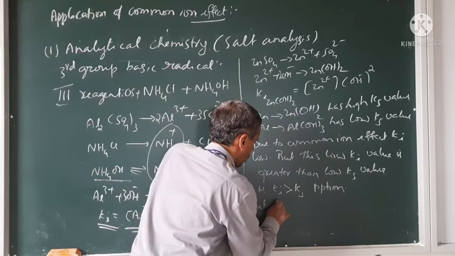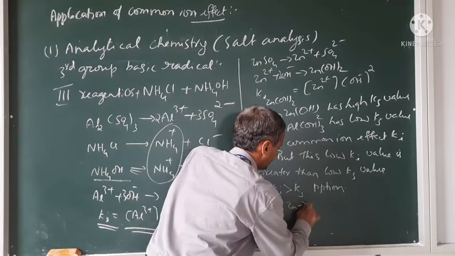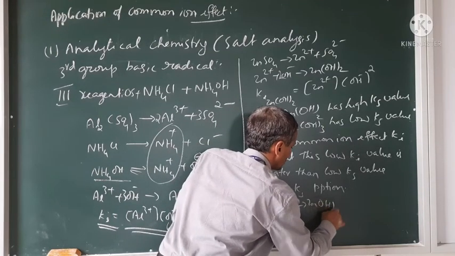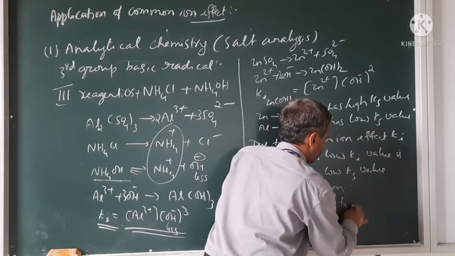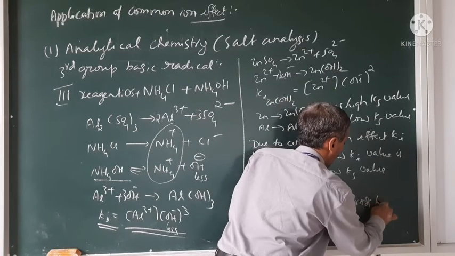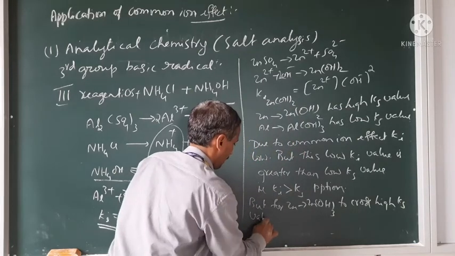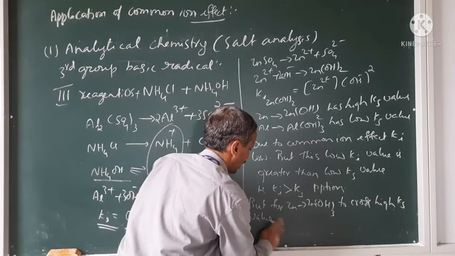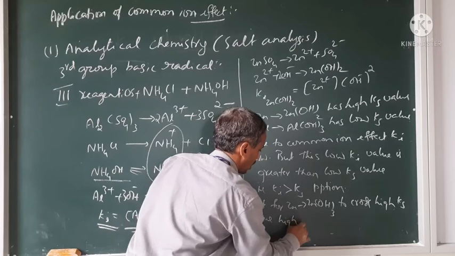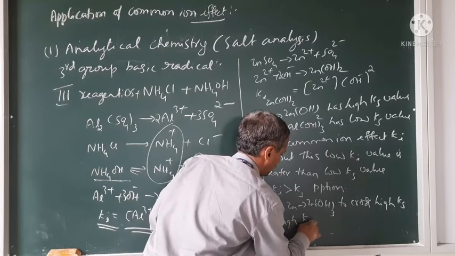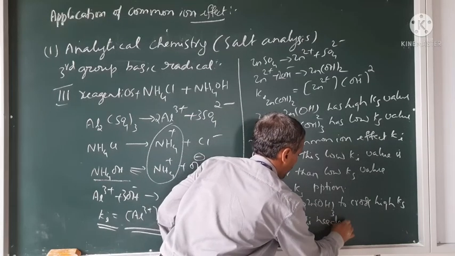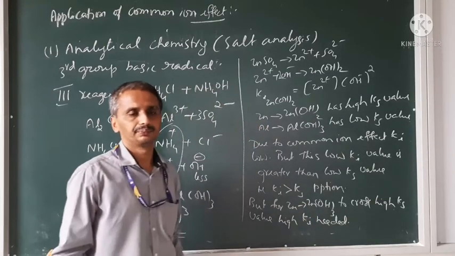But for zinc hydroxide to cross its high Ks value, a high ionic product Ki is needed, which will not be obtained here.